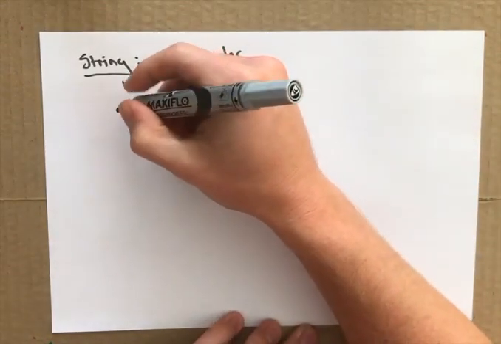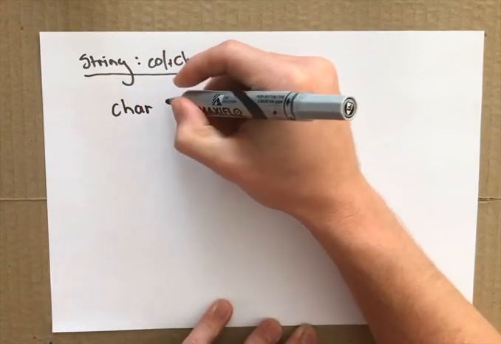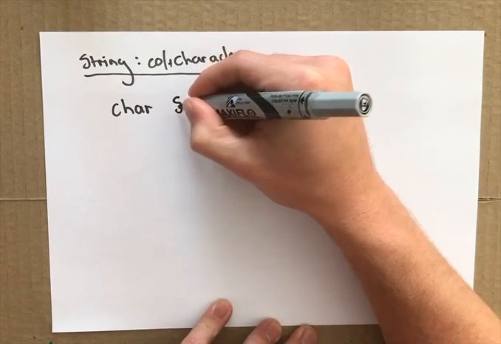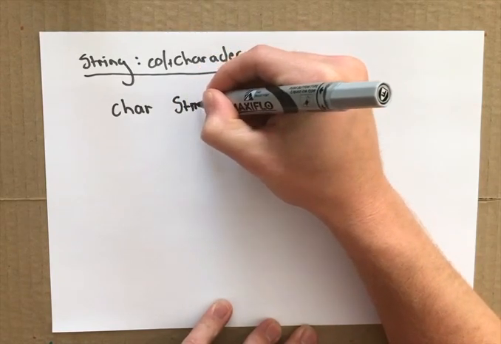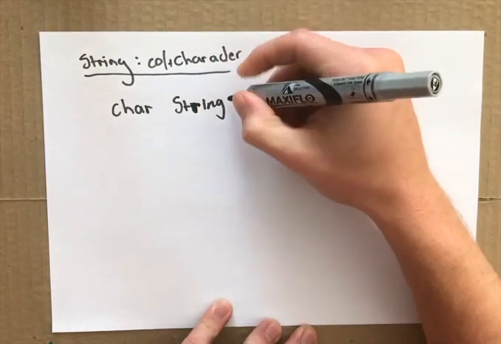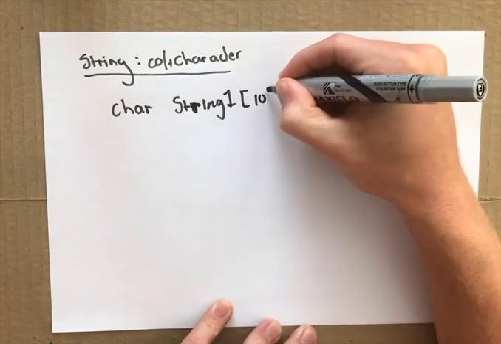So when we go and create a string, we will say char, and we can call it string1, and it's got a size of 10.